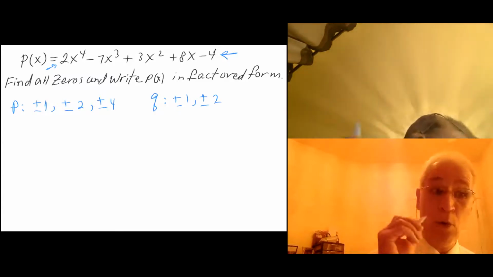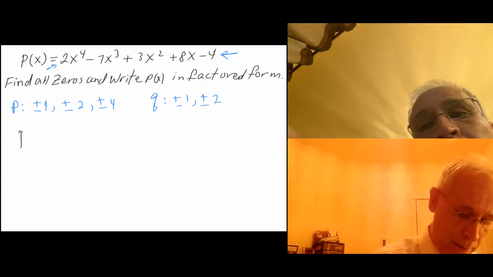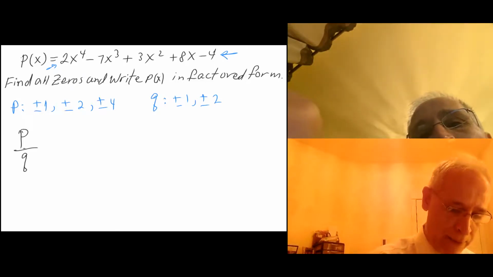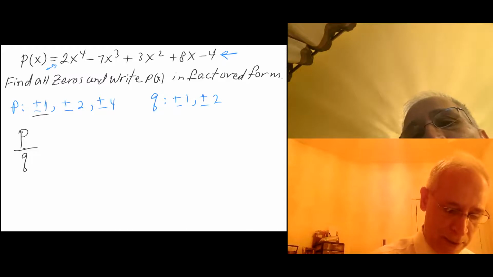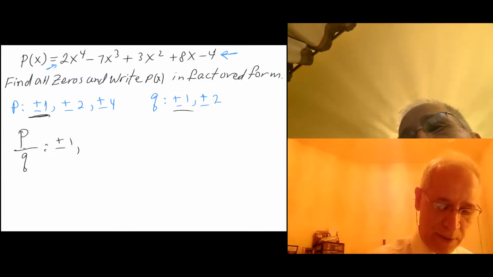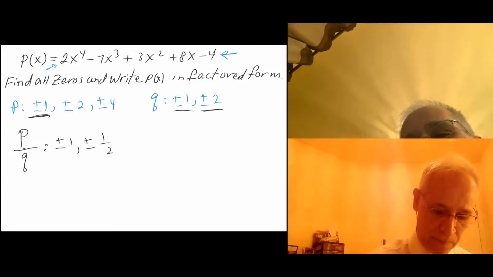And now p over q, let me do it in a careful manner. Plus and minus 1 divided by plus and minus 1 gives me plus and minus 1. Plus and minus 1 divided by plus and minus 2 gives me plus and minus 1/2.